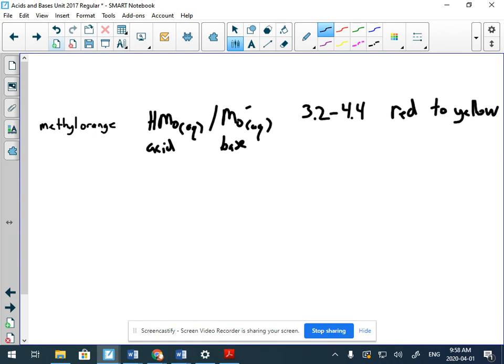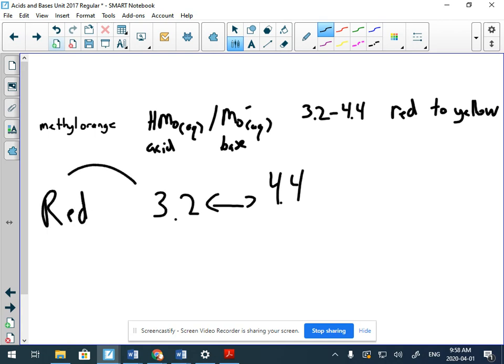What do those colors mean? Anything less than 3.2 will be red. A pH higher than 4.4 will be yellow. And within that pH range, you have a mix of red and yellow, which is orange.